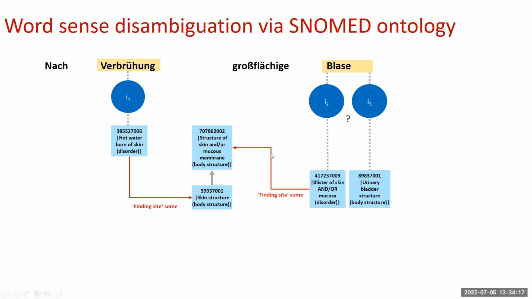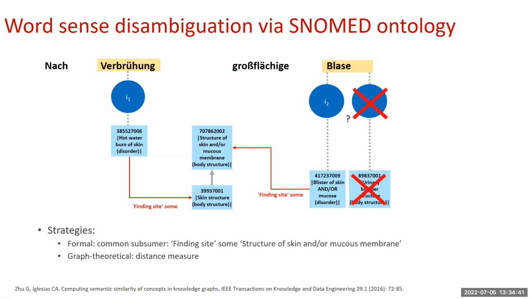So this really suggests that this is the right meaning of Blasen, because if you try to find a path from urinary bladder to structure of skin, it won't be so straightforward, certainly. Therefore you can discard this.